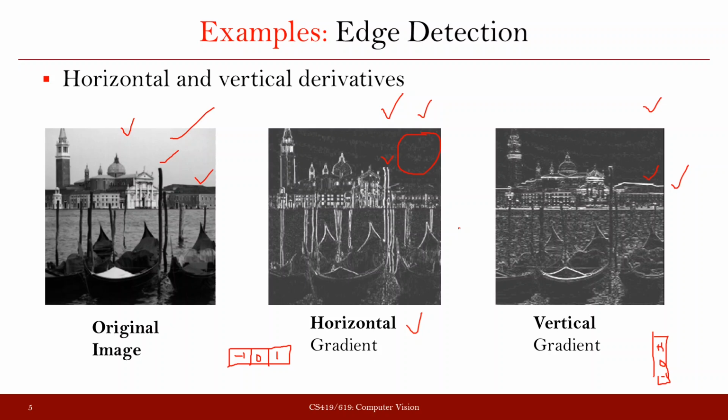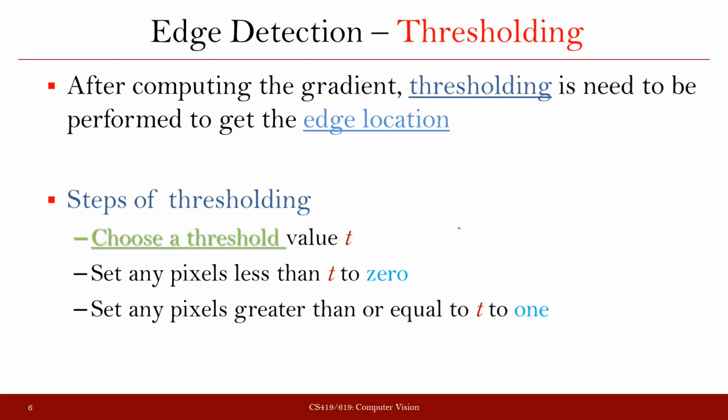Otherwise, we ignore that gradient. So to do this, normally we perform a thresholding operation, and in thresholding we choose a threshold t, and all the pixels where the gradient is more than t, we consider that, and wherever the gradient is less than t, we set that as 0.